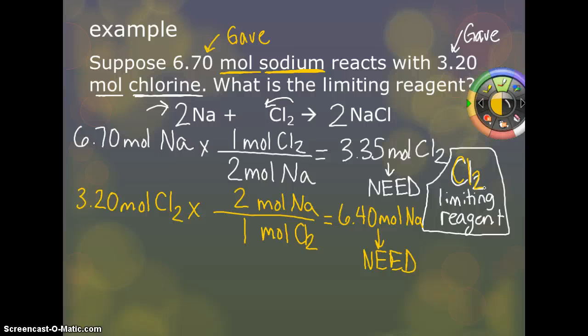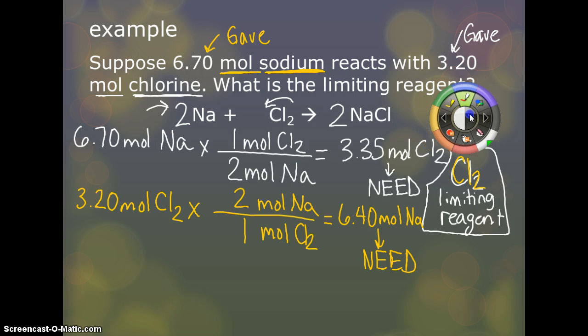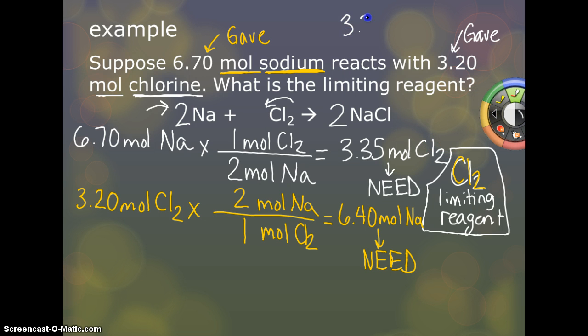If your need is greater than your given, that is your limiting reagent. So the 3.35 was our need, and it is greater than our given. 3.20 was our given. So that means that substance, the chlorine, is our limiting reagent.